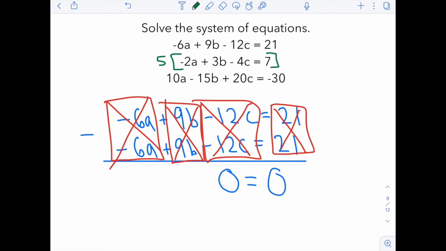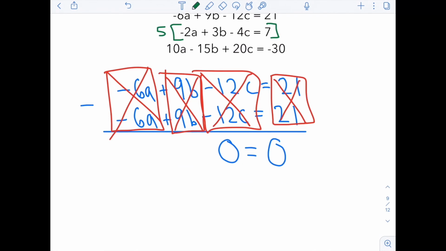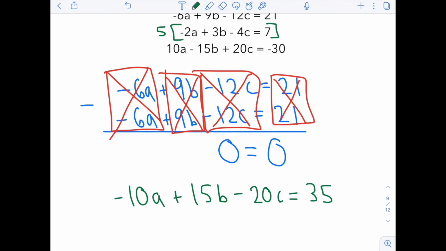So I'm going to use the second and third equation. So when I multiply this second equation by 5, I get negative 10a plus 15b minus 20c, which equals 35. And I'll rewrite the third equation under that, which is 10a minus 15b plus 20c, which equals negative 30.